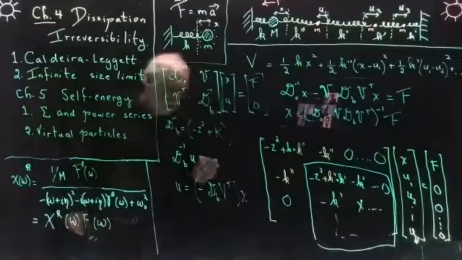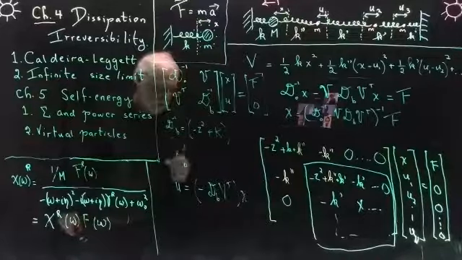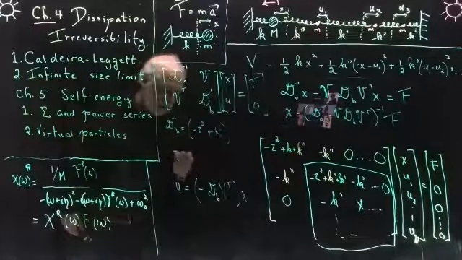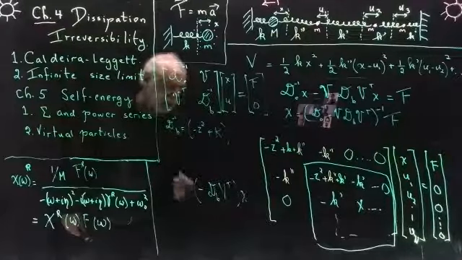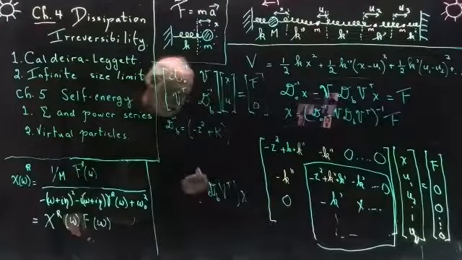We can diagonalize this very quickly, because K is a real symmetric matrix, right?